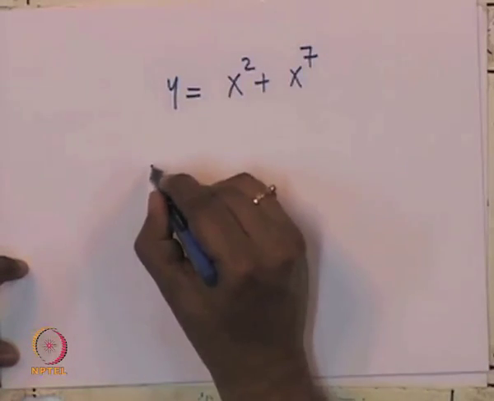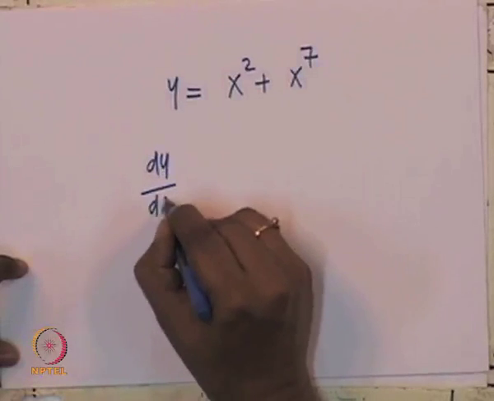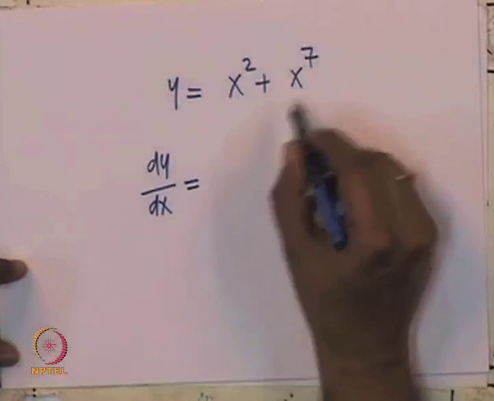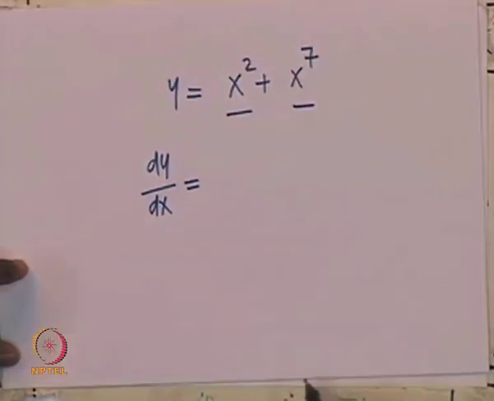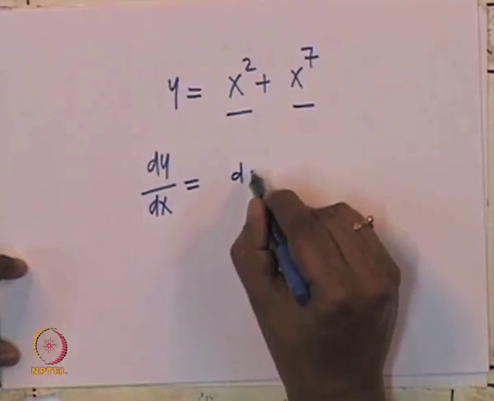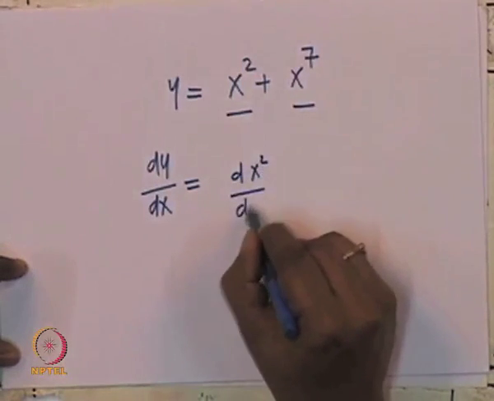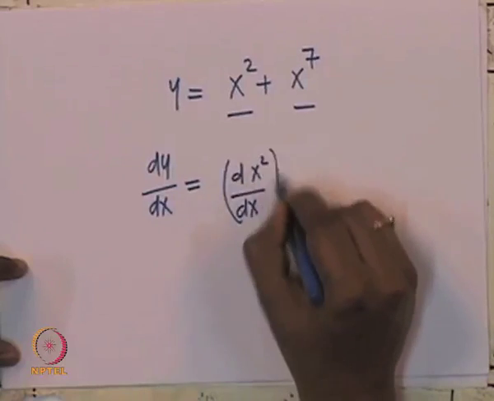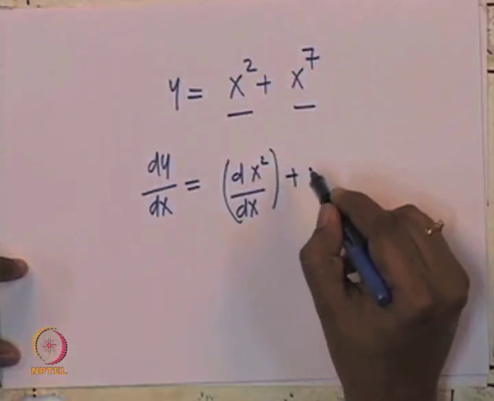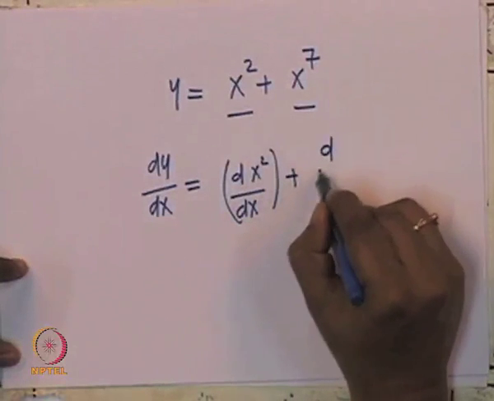It turns out that the derivative is equal to the derivative of the first function plus the derivative of the second function.